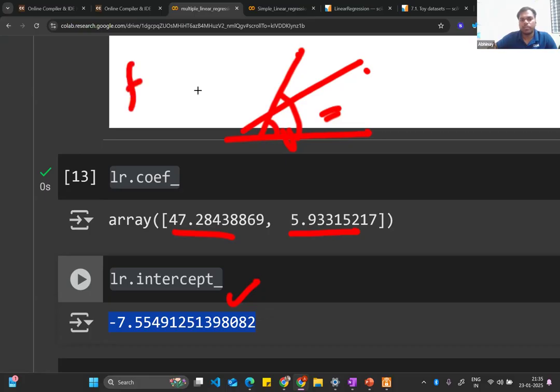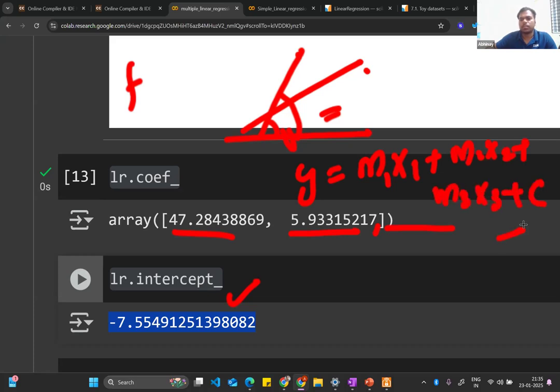If you have one more feature, then you will get one more data point, right? And we will utilize it in y is equal to m1x1 plus m2x2 plus m3x3 plus c. If you have three features, you can see it in the formula also.